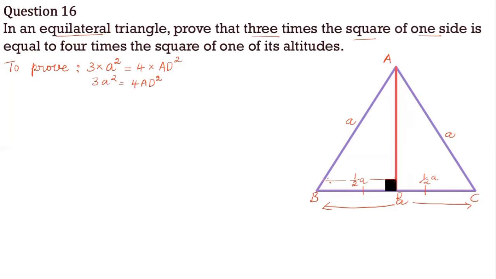Now we have to prove 3A square is equal to 4AD square. We want AD square to prove, so we have to apply Pythagoras theorem to triangle ADB, which is right angled at D. Angle D is 90 degree, so AB square is equal to AD square plus BD square.